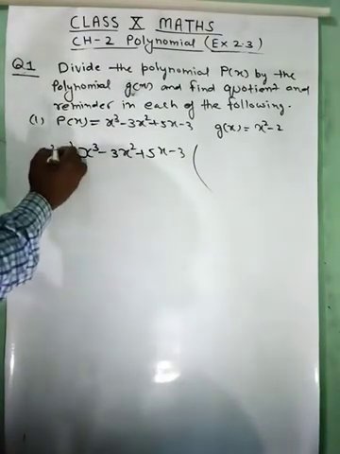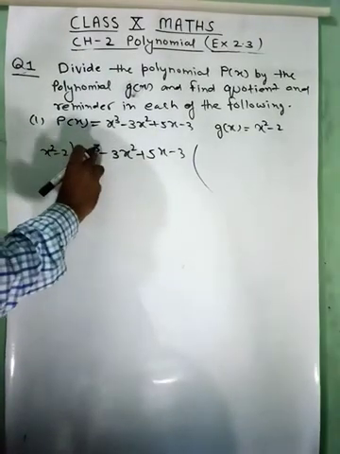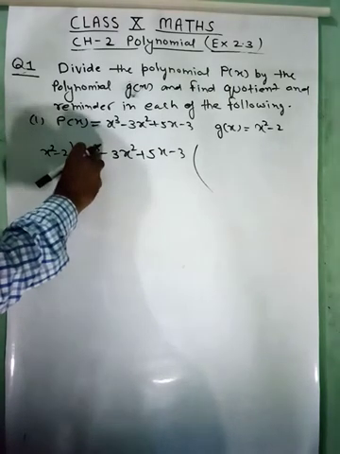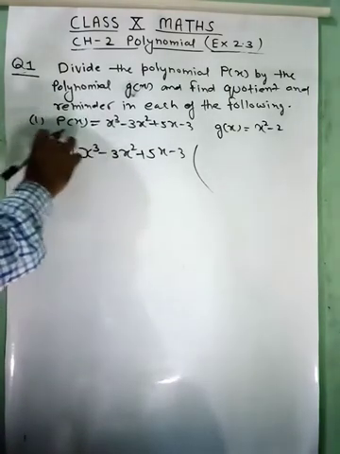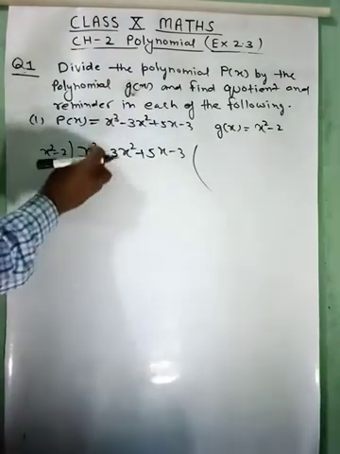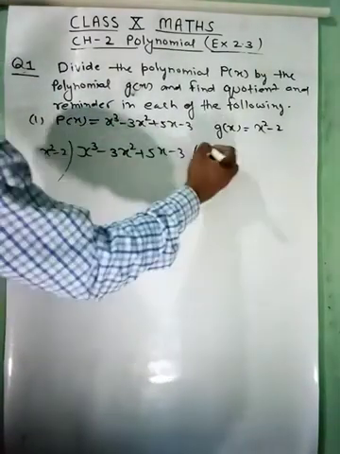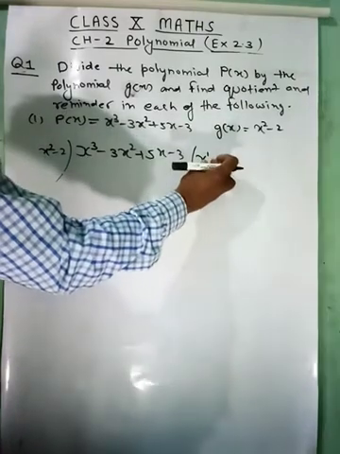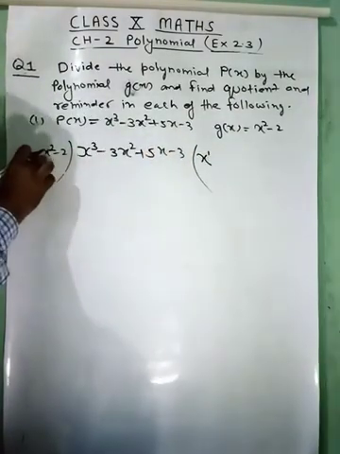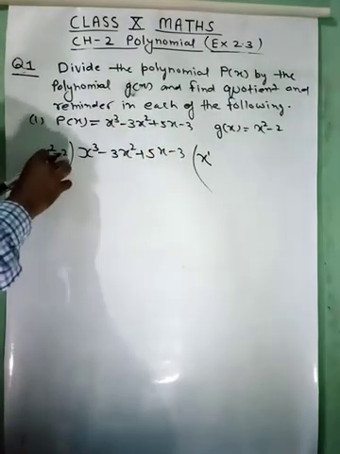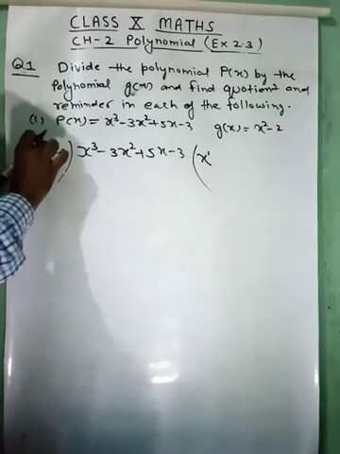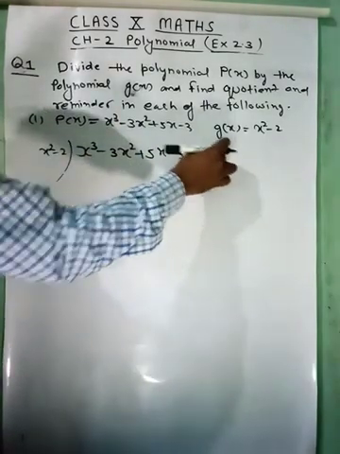Now we will see, the power of x here is x cube, 3. It means 3 power is here, and here is 2. So to remove this power, we will take here x to power 1. And when this is multiplied by x square minus 2, the powers will be added. It means x power 2 and x power 1, it will be 3.